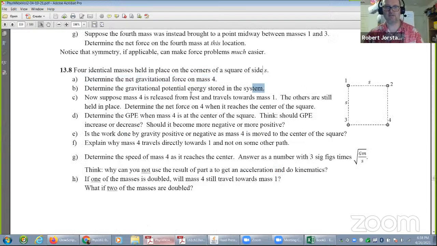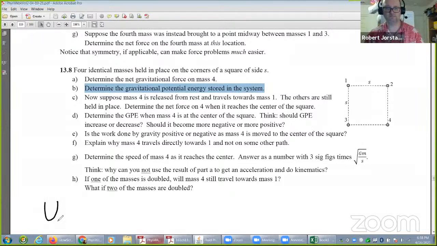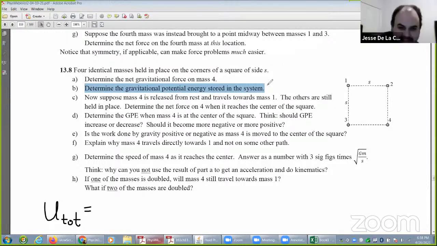Let's say I want to get the gravitational potential energy. How many terms am I going to get? What's the first potential energy I might write down? Six?